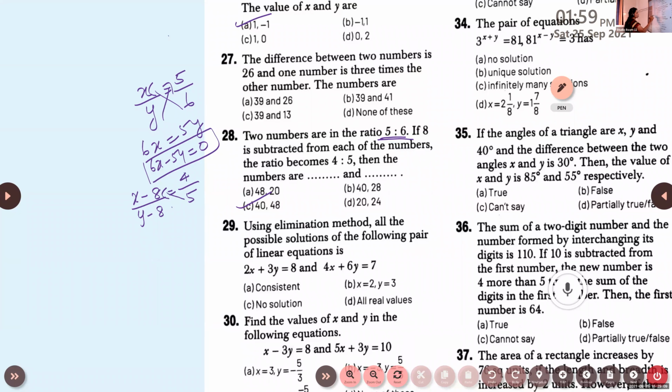Now once again cross multiply this. 5x minus 40 is equal to 4y minus 32. So 5x minus 40 minus 4y plus 32 is 0. So 5x minus 4y minus 8 is 0. This is the second equation. So we get two equations. Solve these two equations and you can find what is x, what is y.